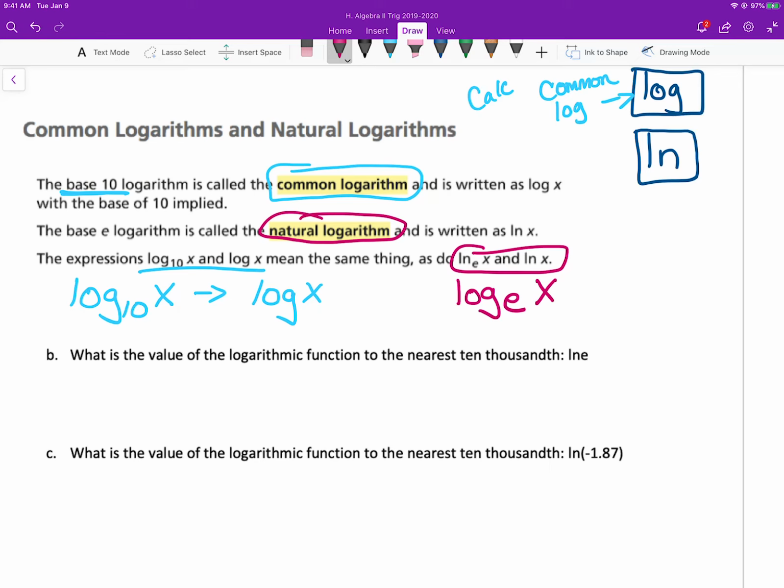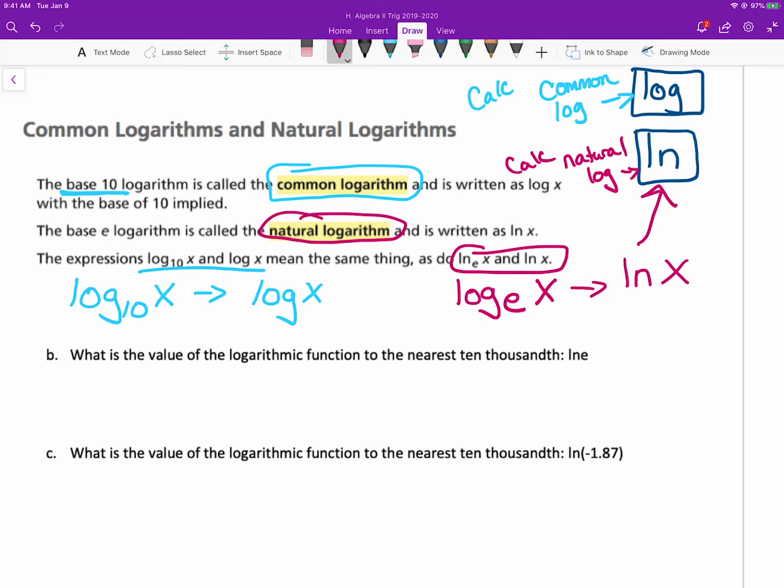But they don't write it like that. It's like an abbreviation. They write L, N, and then x, and that x could be a number. And that's the ln on your calculator. And that's the natural log.